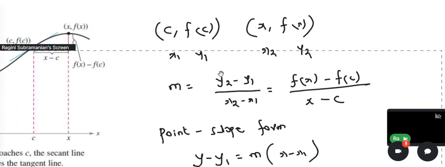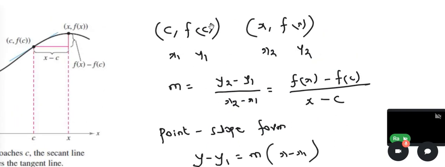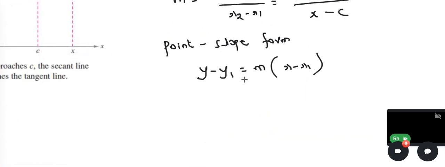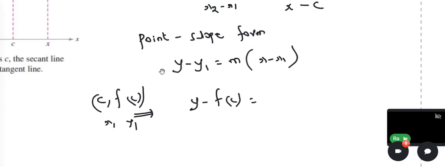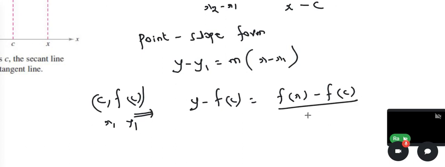Here (x1, y1) is (c, f(c)), so I replace it: y minus f(c) equals, our slope is (f(x) minus f(c)) all over (x minus c), times (x minus x1), that is, (x minus c).